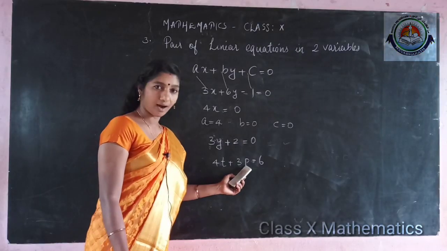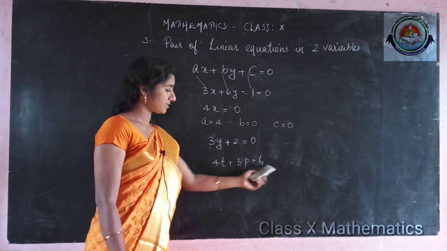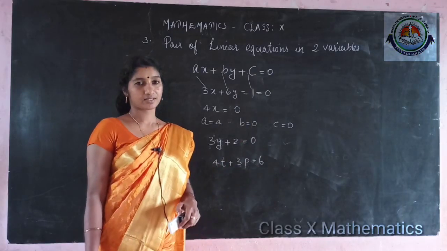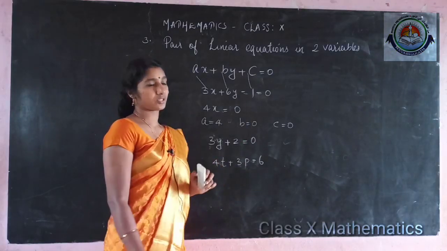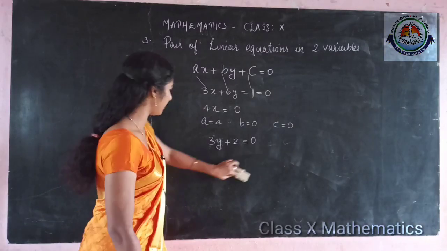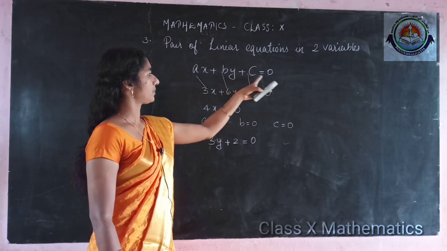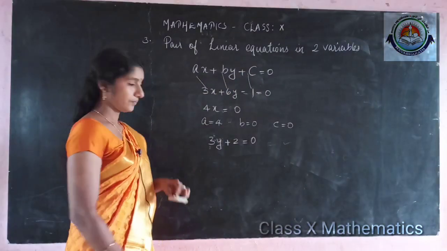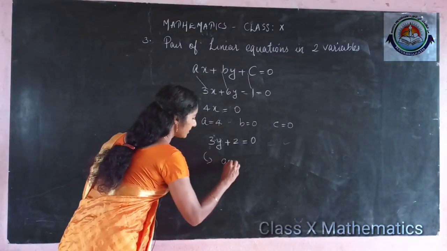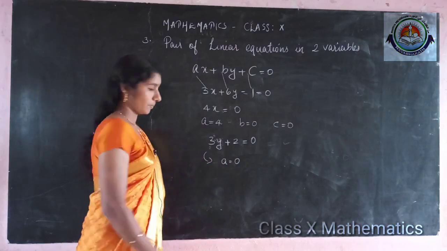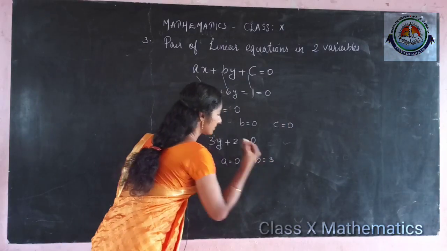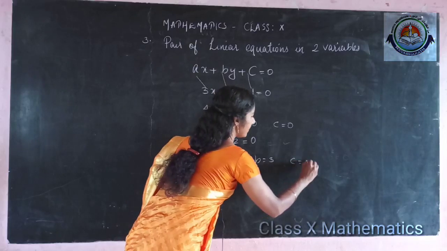So t and p are the variables, and 4, 3, 6 are the coefficients or constants in the equation. And what about 3y plus 2? On comparing with ax plus by plus c is equal to 0, what is a? Here a is equal to 0, b is equal to 3 and c is equal to 2.